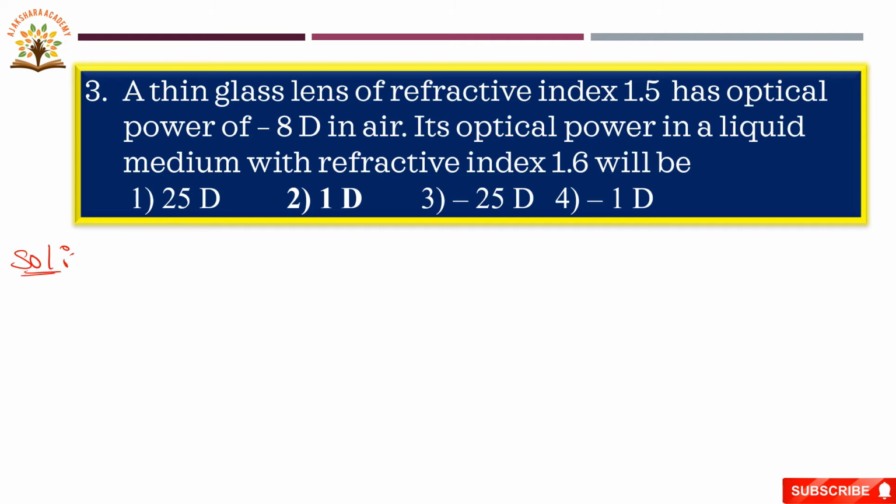Here they have given refractive index of glass mu G is equal to 1.5 and power as minus 8D, and the refractive index of liquid as 1.6, and we have to calculate the optical power in the liquid.